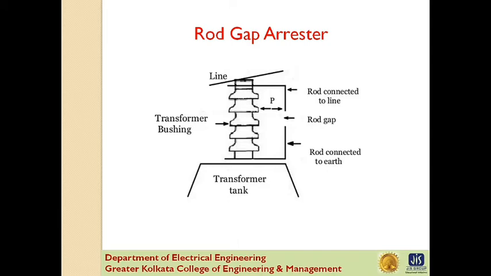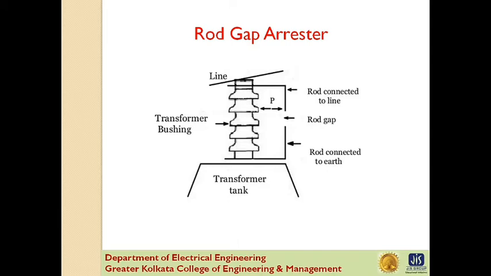The string of insulators for an overhead line on the bushing of transformer has frequently a rod gap across it. Under normal operating condition, the gap remains non-conducting. On the occurrence of a high voltage surge on the line, the gap sparks over and the surge current is conducted to earth.